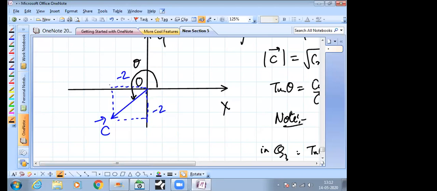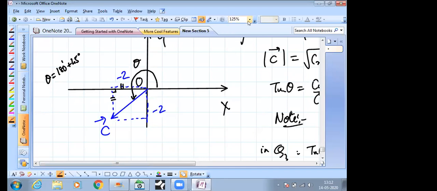Now you can figure out that this is an isosceles right angle triangle over here. So this smaller angle here is 45. So it's very easy to understand from the diagram that the total angle theta is actually 180 plus 45, because these two sides are equal. So you can see in this triangle, it's very easy to just geometrically understand that theta is actually 180 plus 45.